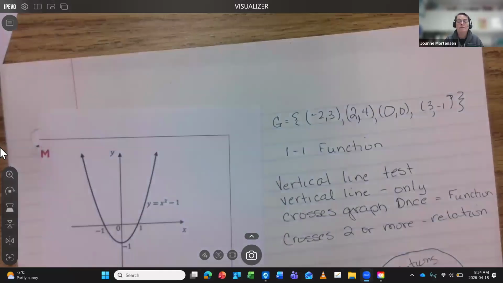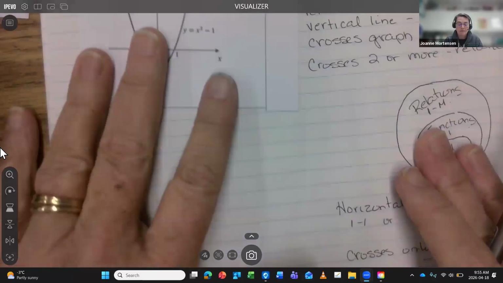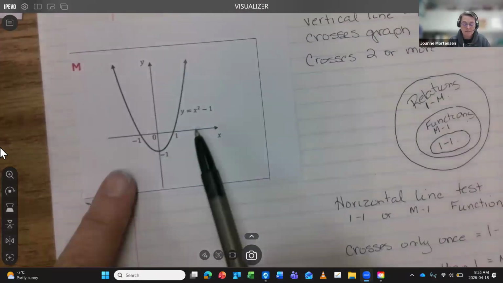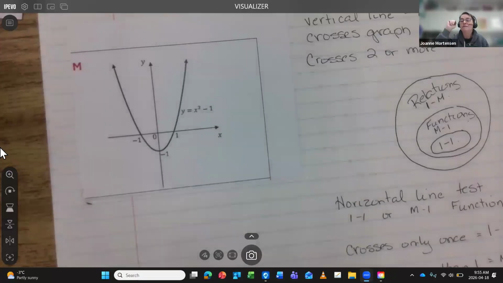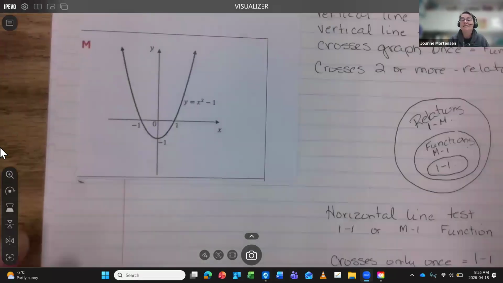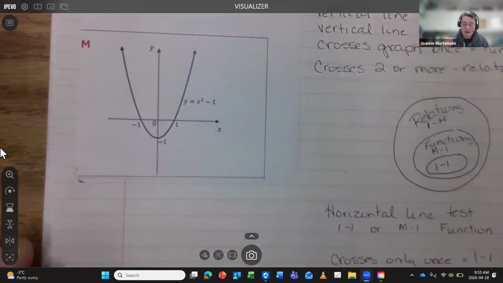That doesn't work so great on here. I guess because I have an equation here, I could feed it into Desmos and start picking points. No, we don't want to. You ain't got time for that.